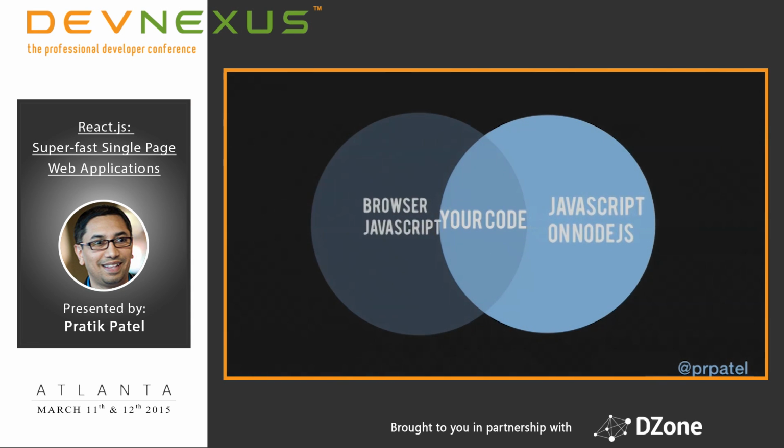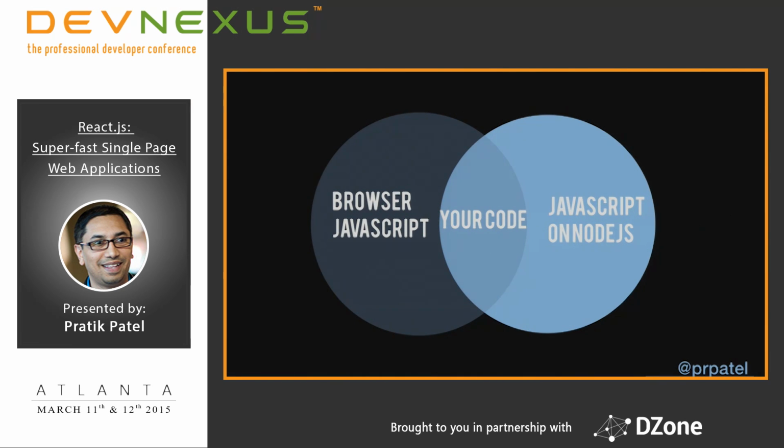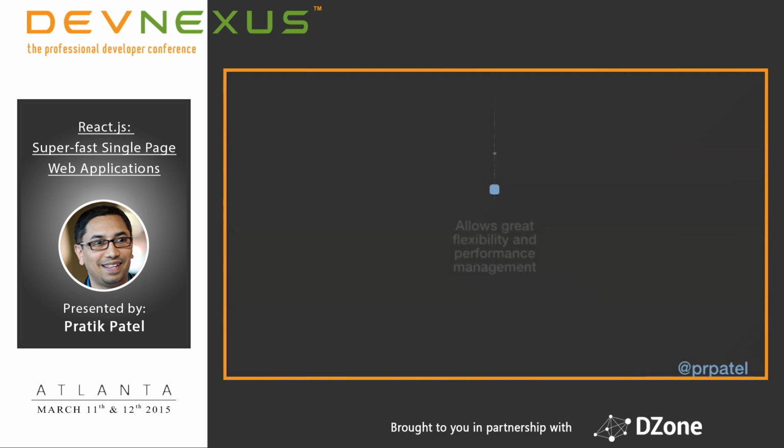When we talk about isomorphic and exactly where your code lives, it's in this fuzzy area in the middle. You have JavaScript on the browser, and you can have JavaScript on the server running something like Node.js. When we consider the isomorphic nature of React, your code can be somewhere in the middle, either on the left or the right side, server or browser.